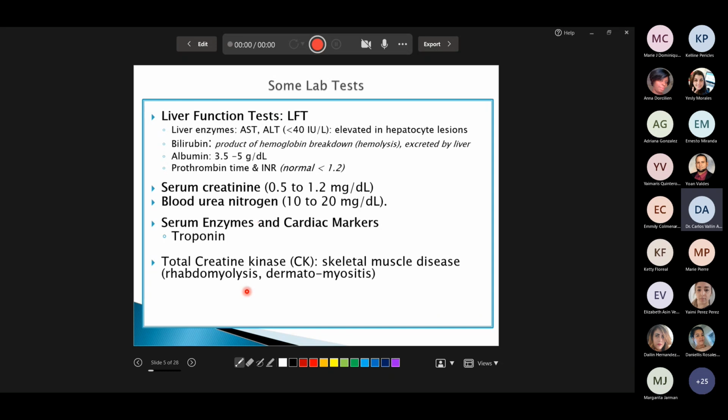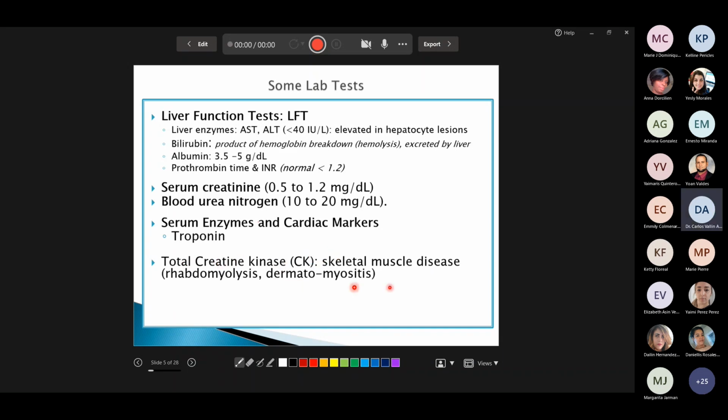You know that other conditions like malignant hyperthermia, neuroleptic malignant syndrome, heat stroke, etc., can also produce rhabdomyolysis. Trauma can produce rhabdomyolysis. Many conditions can produce rhabdomyolysis. In those cases, the diagnosis, apart from the muscle pain and the muscle weakness, is going to be an elevation of the CK, the creatine kinase.